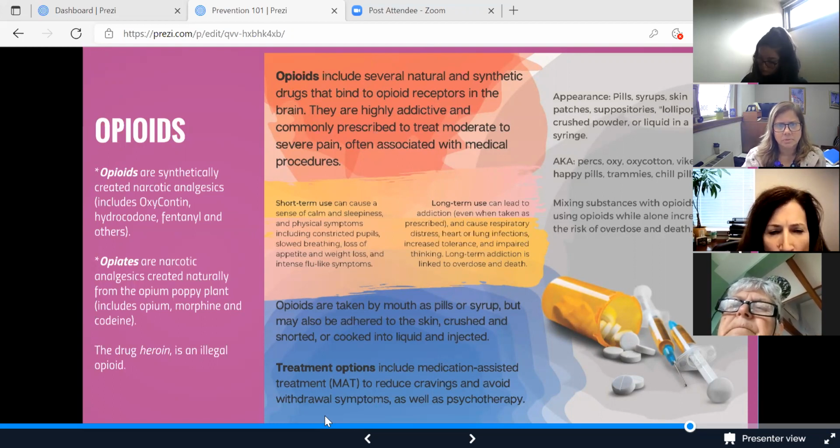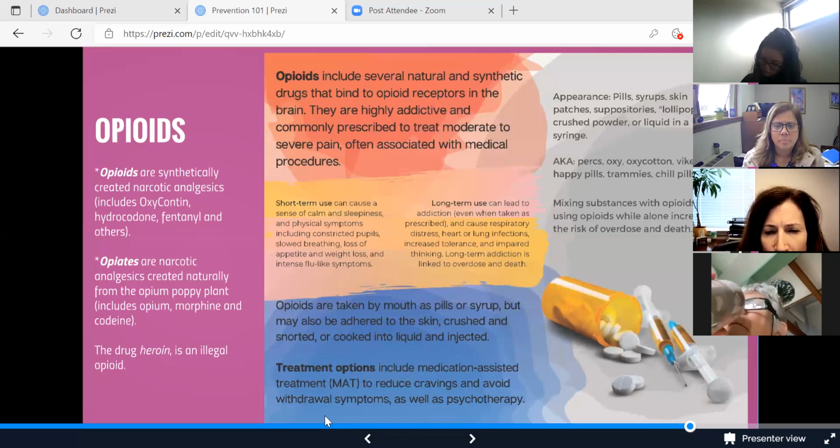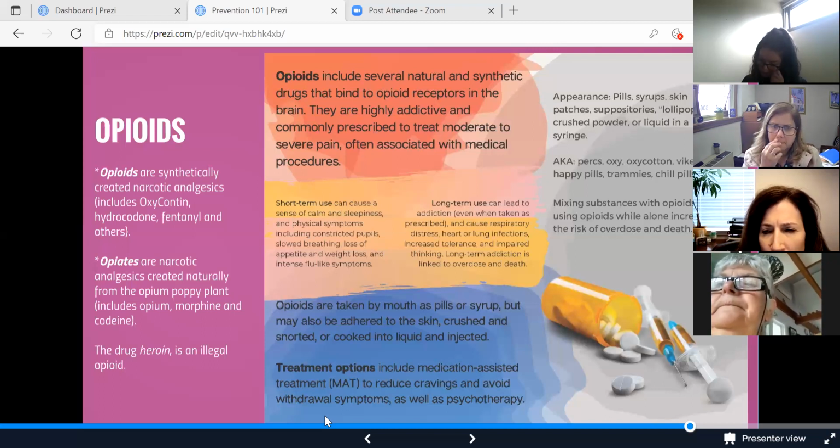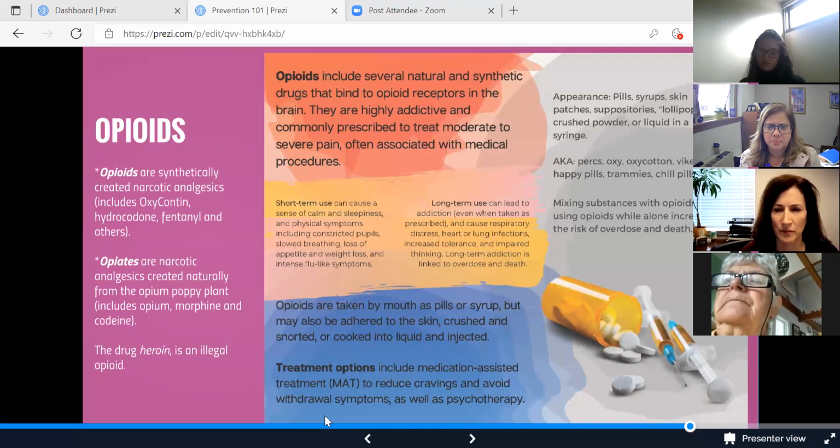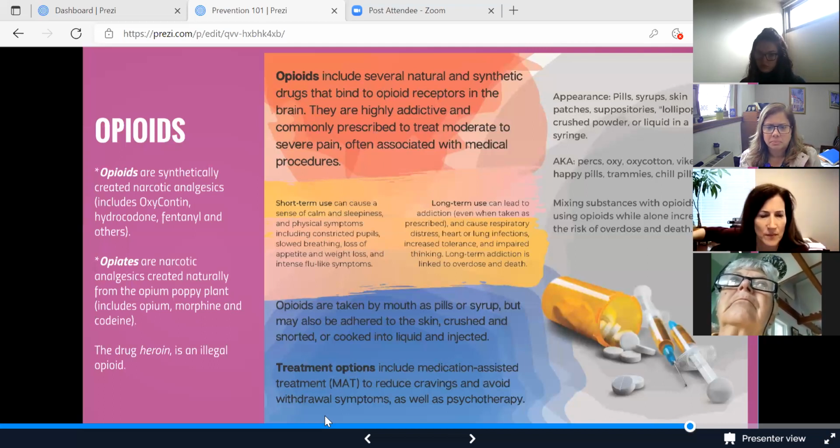This is sometimes done using a couple other medications, and if not done correctly, an individual can actually become addicted to the medication used to treat opioid addiction. Another treatment option is psychotherapy. So there are a couple different options for treatment at this time.